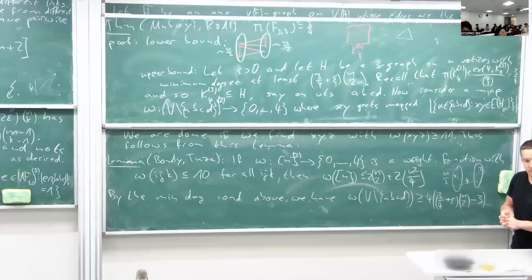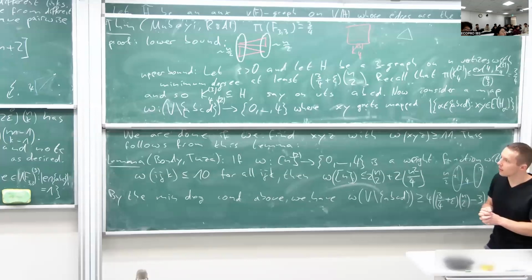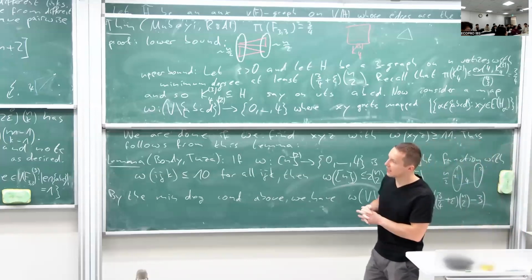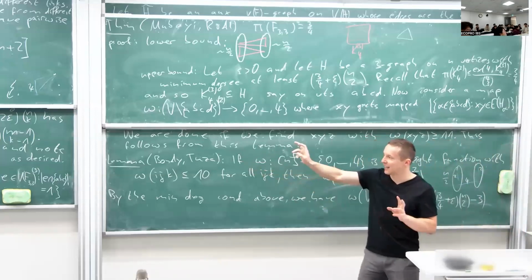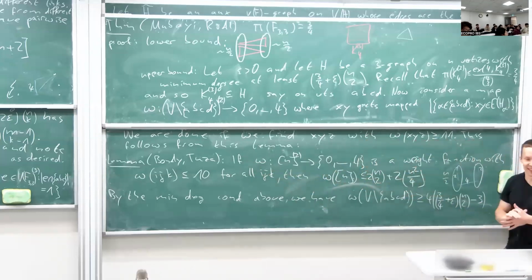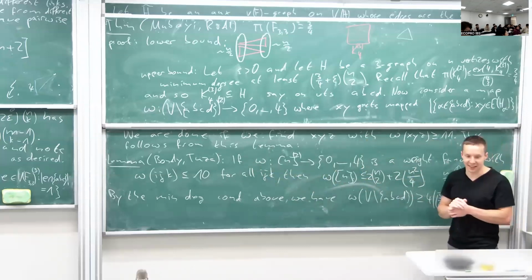So Fano plane is just F34, right? In this notation, Fano plane is... Yeah, I didn't exactly explain what this notation is or how it generalizes.